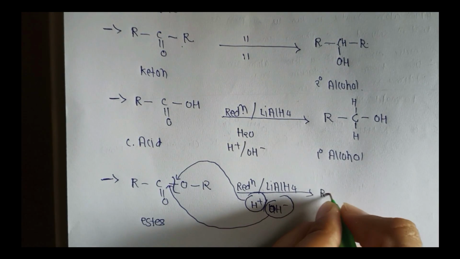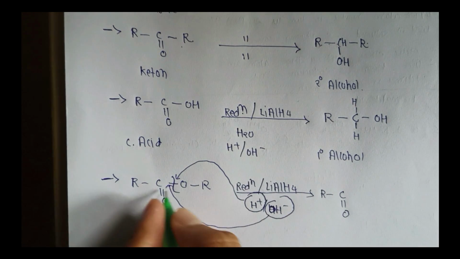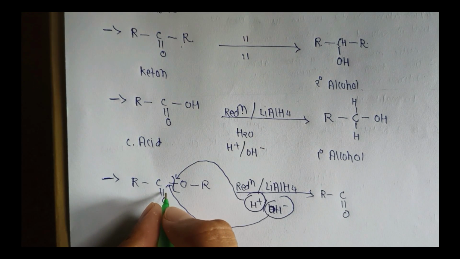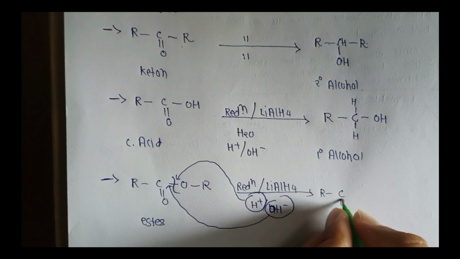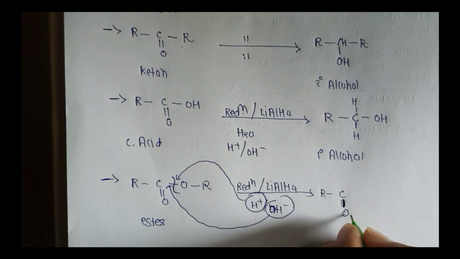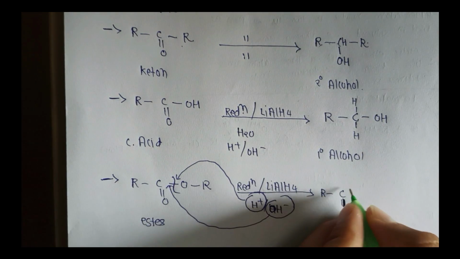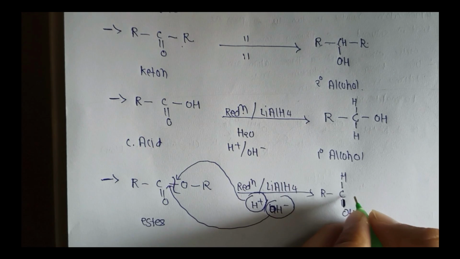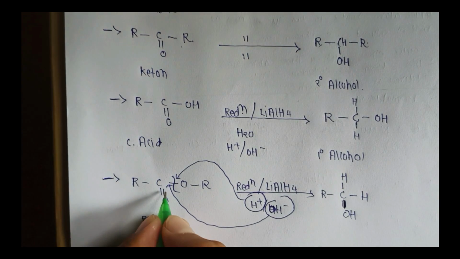So first of all, R C double bond O. Here the bond is broken, meaning R C becomes a single bond with hydrogen, and another hydrogen is here and another hydrogen is here.